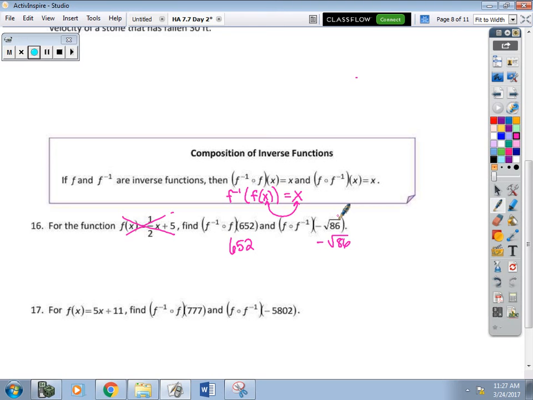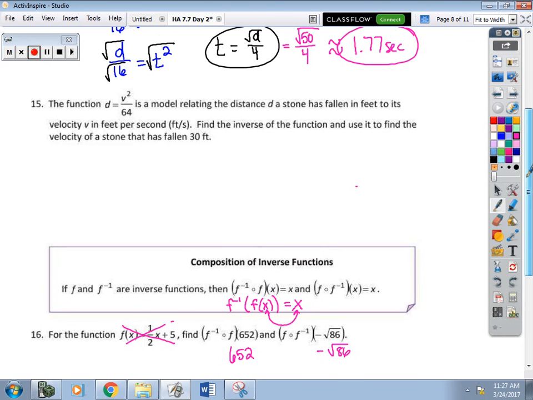So for 17, again, this part is irrelevant. If you really wanted to, you could find the inverse and you could do the composition to prove it. But we did that on the front, and now we can just kind of shortcut it. So this would be 777 and negative 5,802.